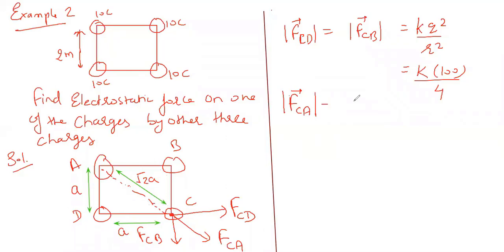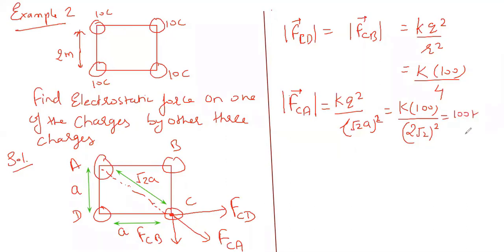So here the value will be something like this, k into q square divided by r square again, but here it will be root 2a whole square. So if I put the values, I'll get k into 100 divided by root 2 into 2, because a is 2, so it will be 2 root 2 square. So what we will get? We will get 100k divided by 8.